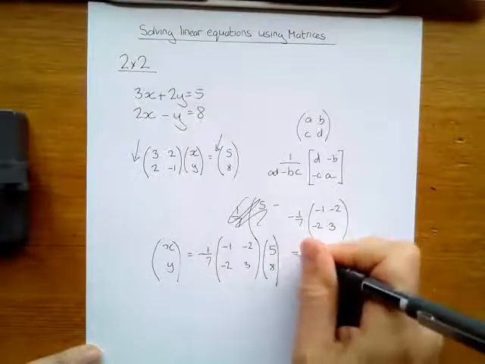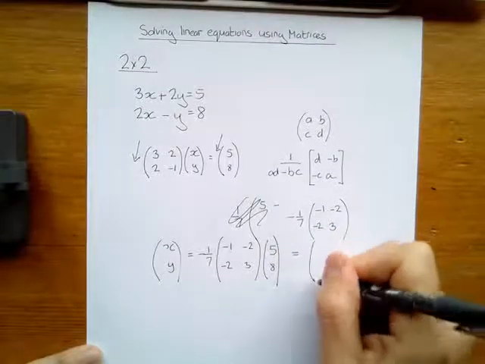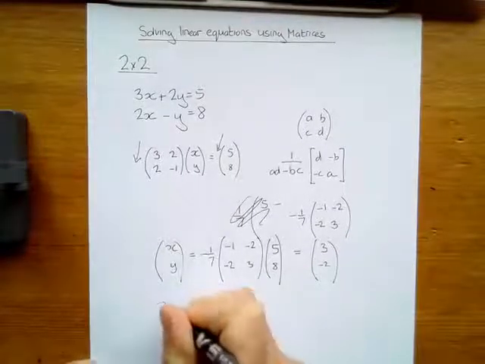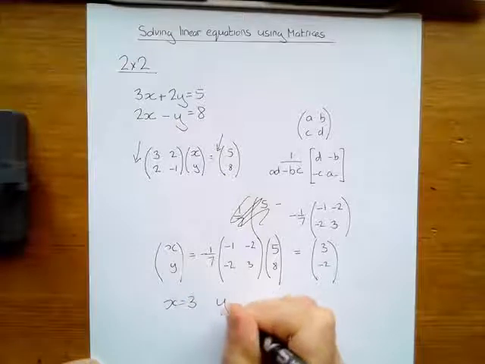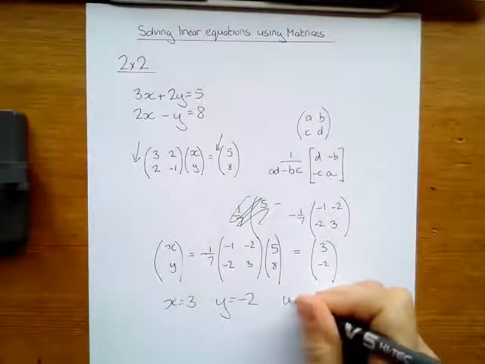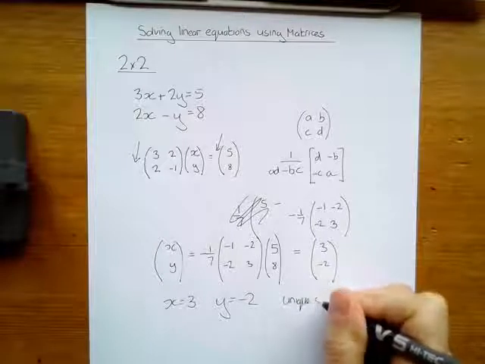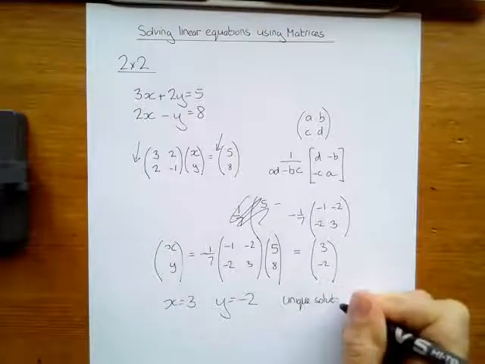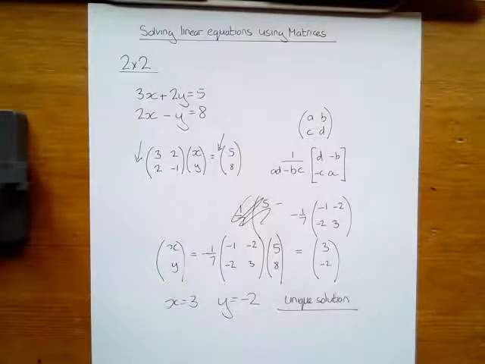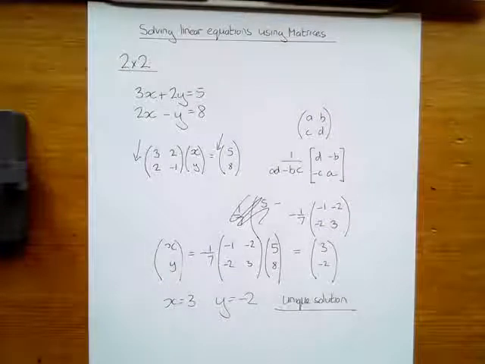And if you work that out, it comes out to be 3 and minus 2. So x is equal to 3 and y is equal to minus 2. And we have what is called a unique solution. In other words, that is the only solution to that simultaneous equation at the start there.